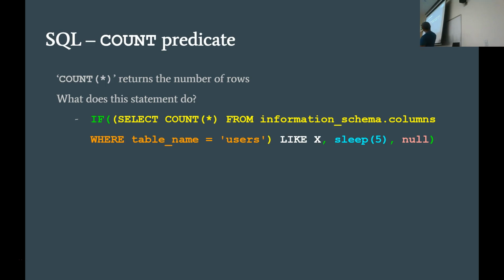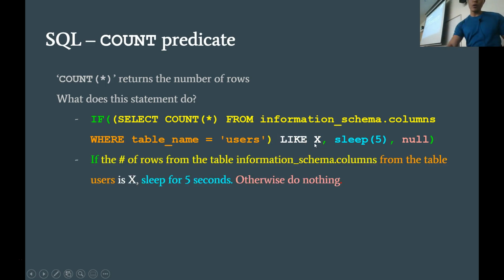You could do something that looks like this, using the count predicate that says count the number of things that are returned. So in this case, if a select count from information_schema.columns where table_name is users is, say, 5, then it's going to get the number of rows in the columns table for the table users.